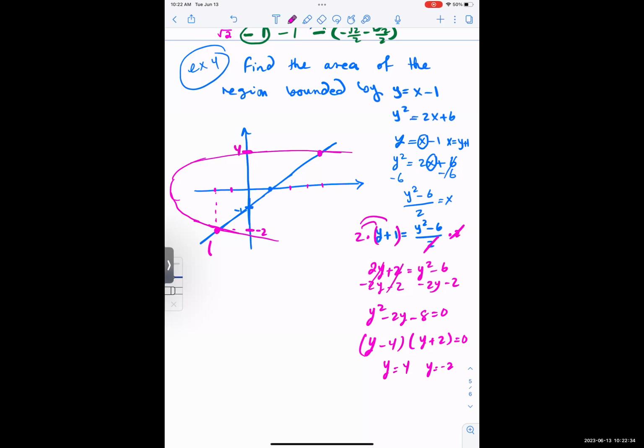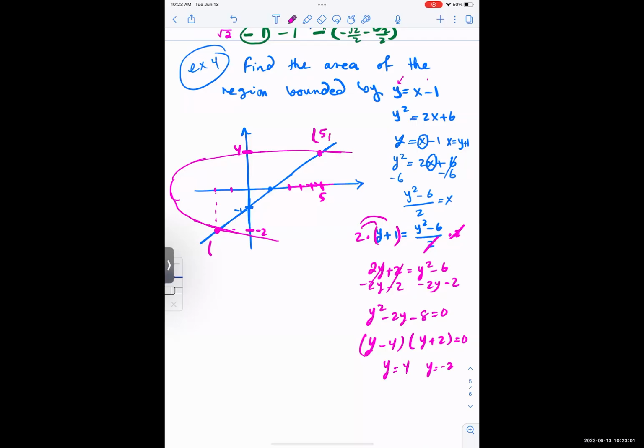I need to find the corresponding x to both of them. So when y is 4, if I put y equal to 4 here, x is 5. So let's say 2, 3, 4, 5.